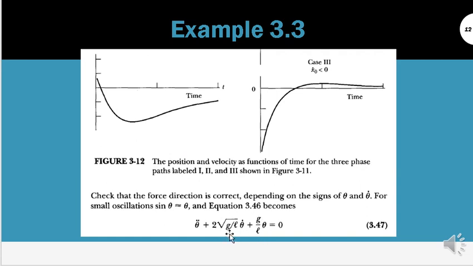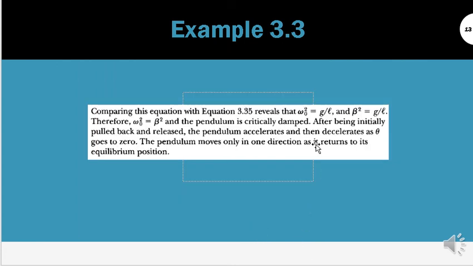If you take beta as equal to the square root of g over L, you will notice that beta squared is equal to g over L, and omega sub o squared is also equal to g over L. Therefore, omega sub o squared and beta squared are equal.